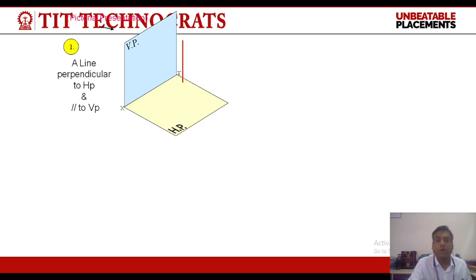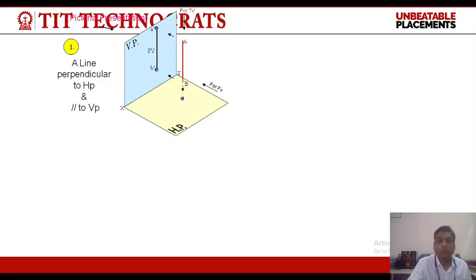So when we draw a line perpendicular to HP, it will automatically become parallel to VP. Now in the front view, we will see the projection of the line as true length, which is perpendicular to the XY line. And in the top view, we will get a point in place of the line.